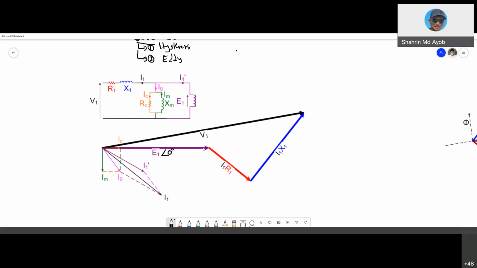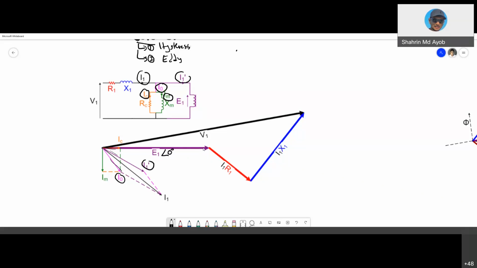And then as you can see here, we have I1, the total current, which is the combination of vectors of IC and IM. IC and IM produce I0, and then you have a vector of I1 prime.